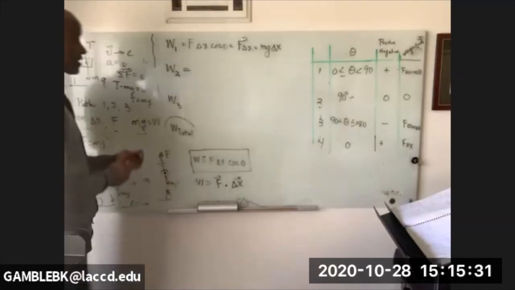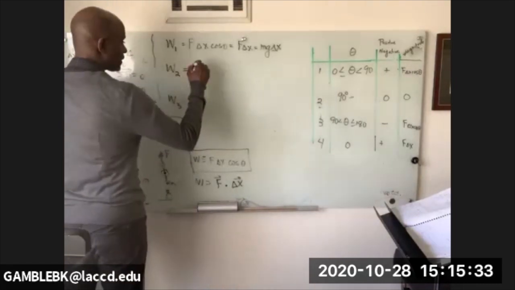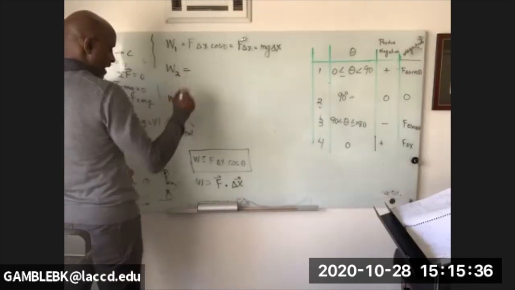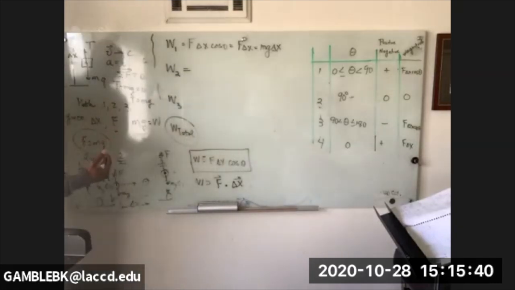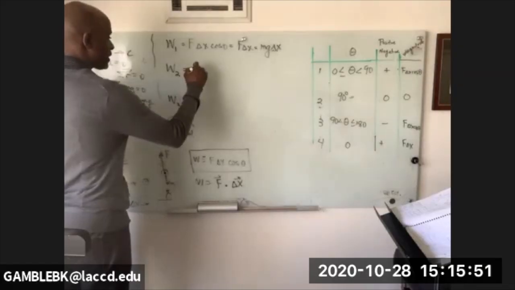Go through every step. I've got to do F delta X cos theta. So for every place, tell me what each value of the quantity is. What's F? Yes, F is equal to mg.